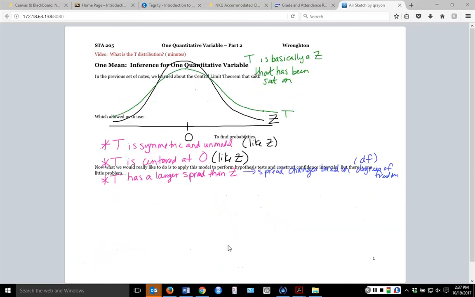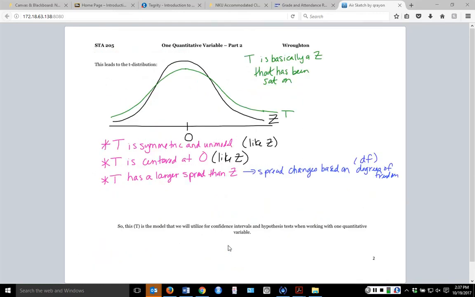And so what we find is this degrees of freedom that changes the spread is related to our sample size. So the sample size does affect this spread because I'm taking this population number, replacing it with a sample number that's based upon a certain number of observations, and how many I sample is going to tell me how much trust I can put in that number.